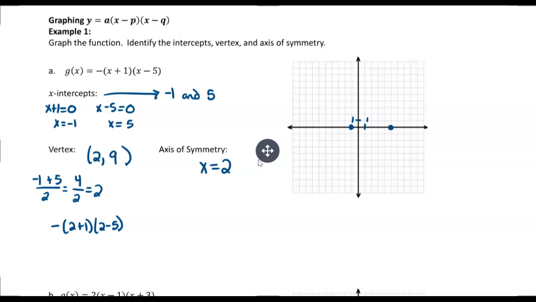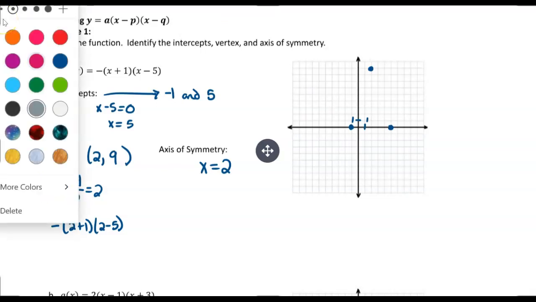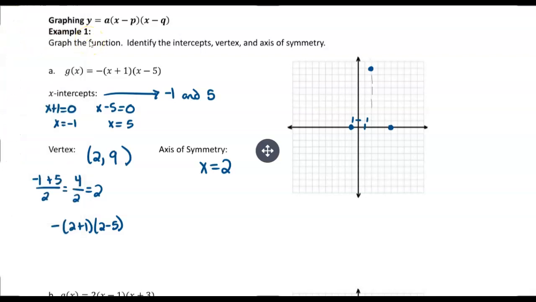So (2, 9) is up here. And then I'm going to just draw my axis of symmetry in real light right here. And we have 2 points now. We need one more set of points. So when you think about your table, you have your vertex at (2, 9).